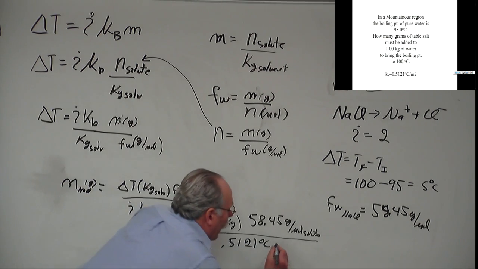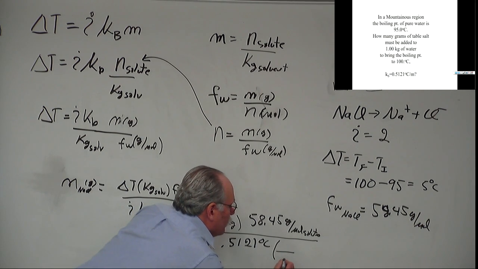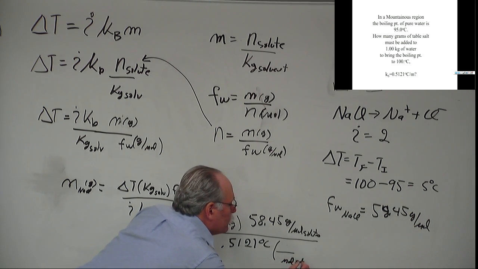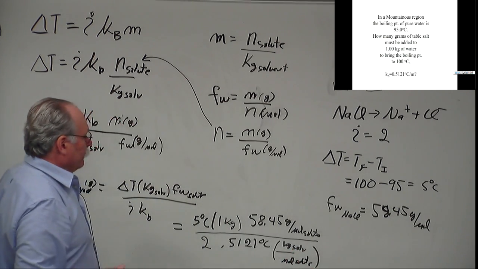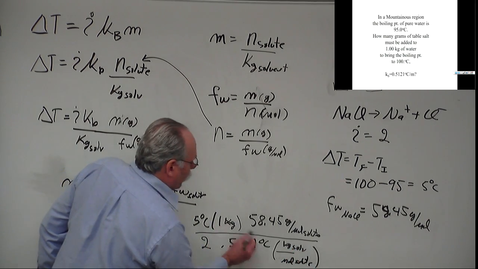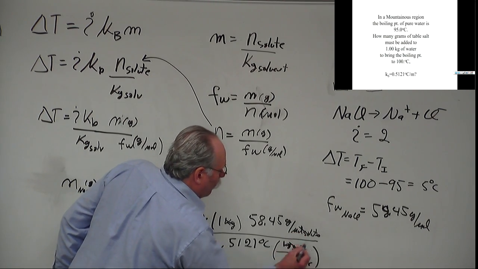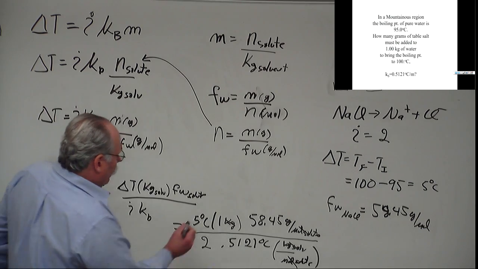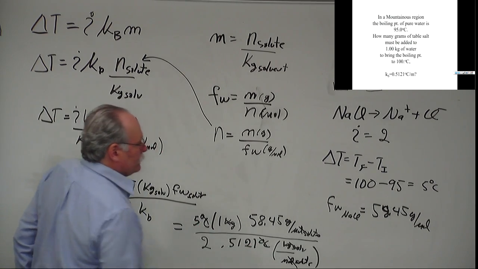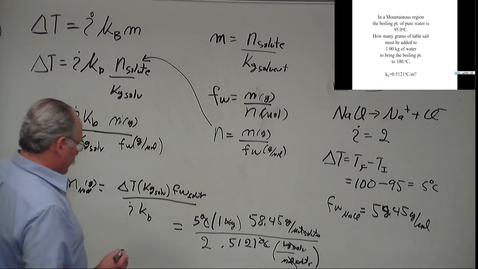And molal is the moles solute per kilogram solvent. Now my kilogram solvent cancel. My reciprocal mole solute over mole solute cancel. My degree C over degree C cancel, and my answer is grams of NaCl, the solute.